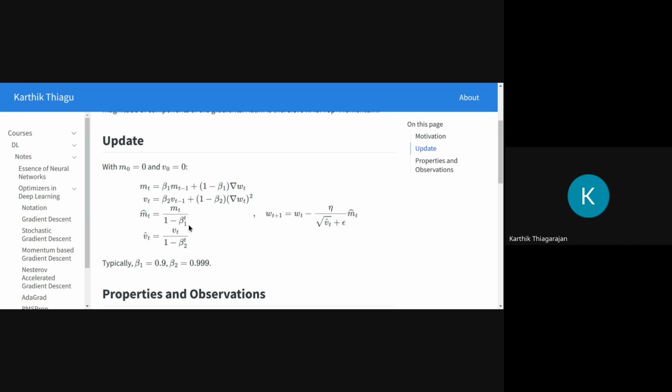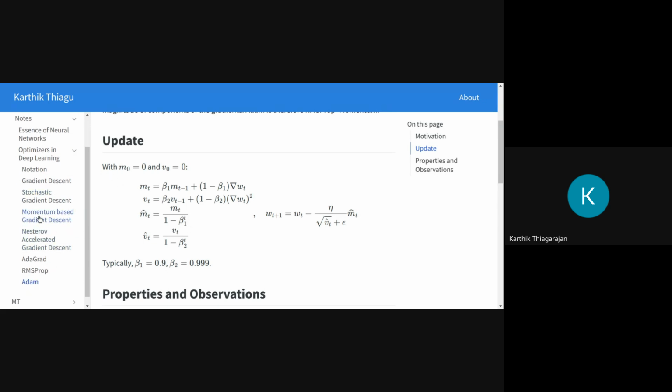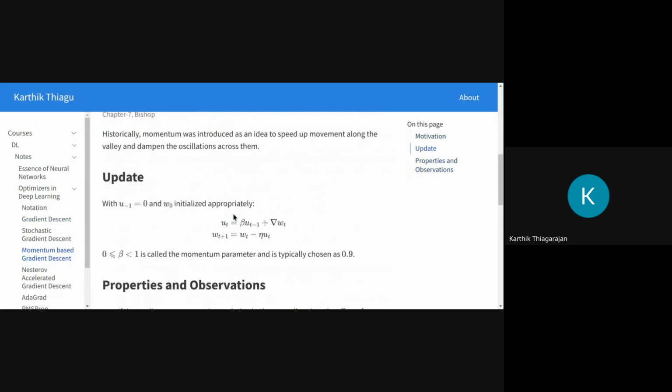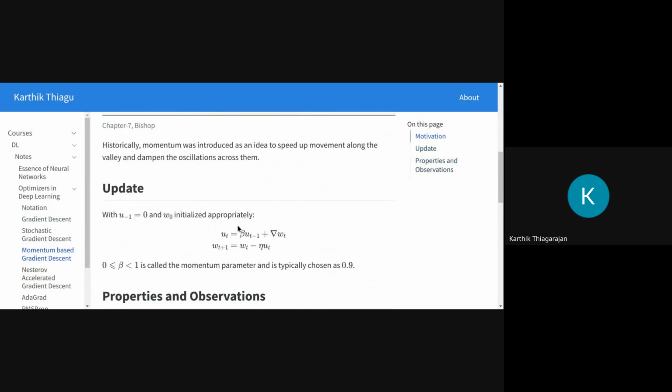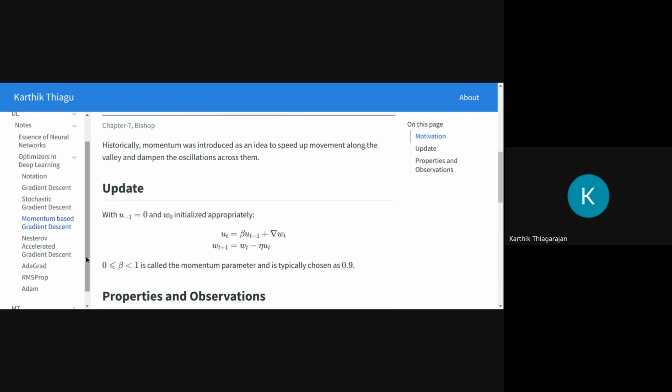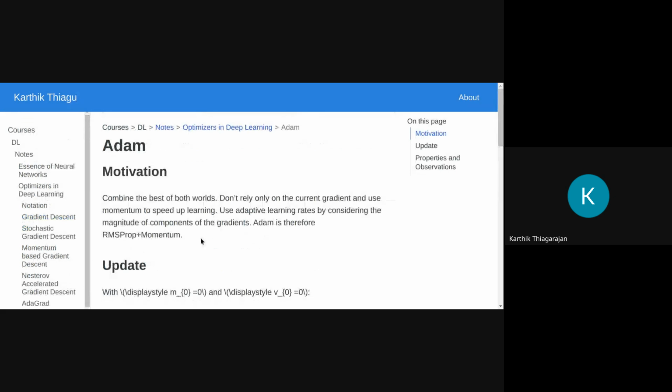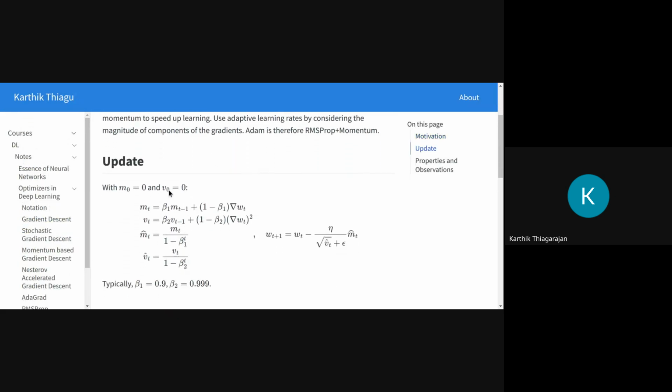If you look at all the other algorithms, for example, if you go back to momentum, the update is you start with u minus 1 equal to 0 and then you continue the updates. So this is fine. In most of the other algorithms, you have a u minus 1 sitting somewhere. But in Adam, I actually tried. If you try to have a v minus 1, or if you try to have an m minus 1, this has to be changed to beta 1 power t plus 1.